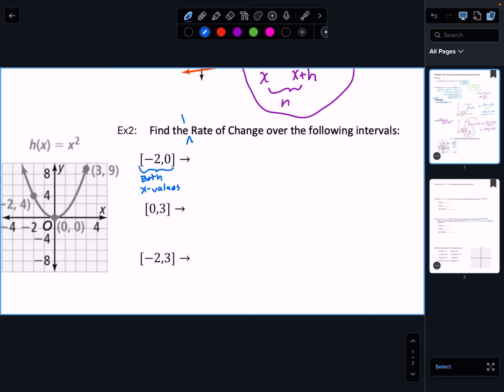And it is actually the average rate of change. Now you get to show the work for it. And so the idea is when x is -2, you need to find the y value. And when x is 0, you need to find the y value. And technically, because this is h, it's h of -2, and this is h of 0.